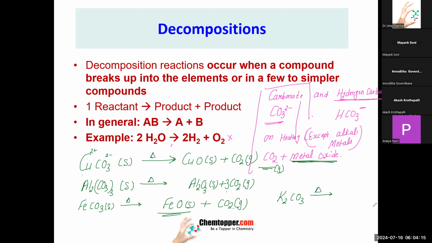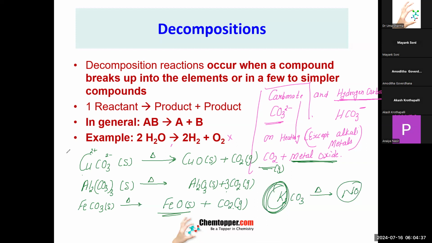Do you think this can undergo decomposition easily? I've written here, no. Stable, very reactive metal. Reactive metals, they make stable compounds. Stable compounds are hard to undergo decomposition. Is it okay?